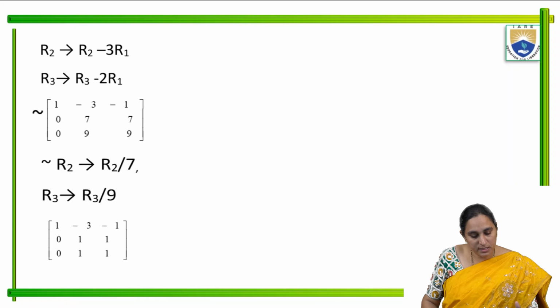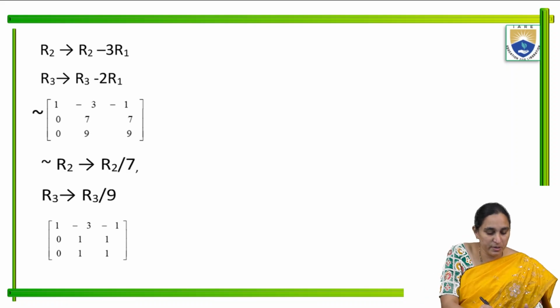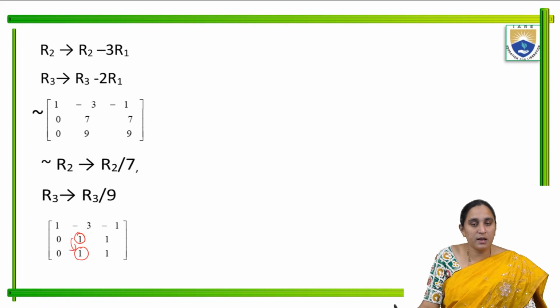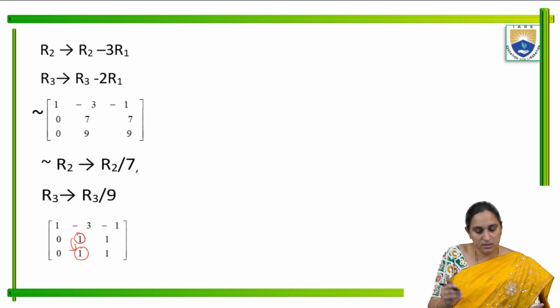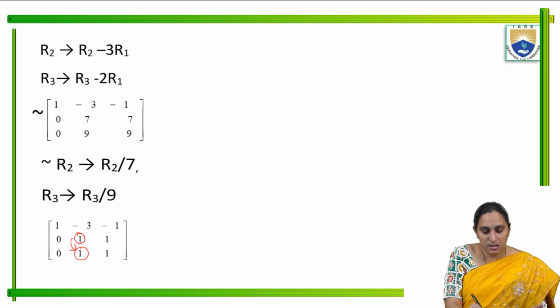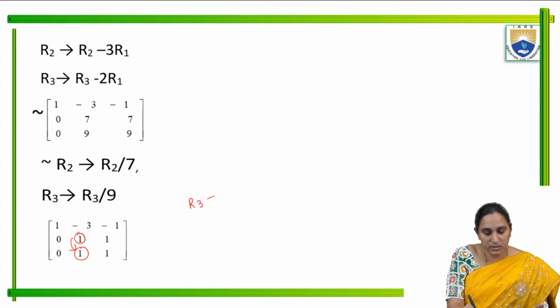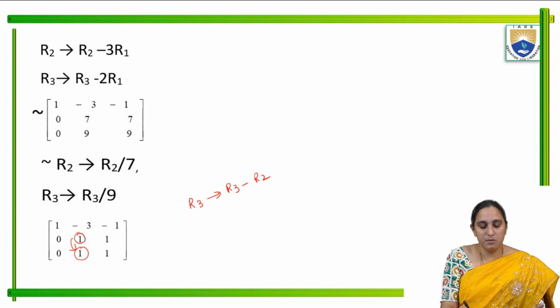After getting this, is there any possibility to make this 1 as 0 with respect to the second diagonal element? Definitely. Then what about the row operation for that? Here R3 tends to R3 minus R2.